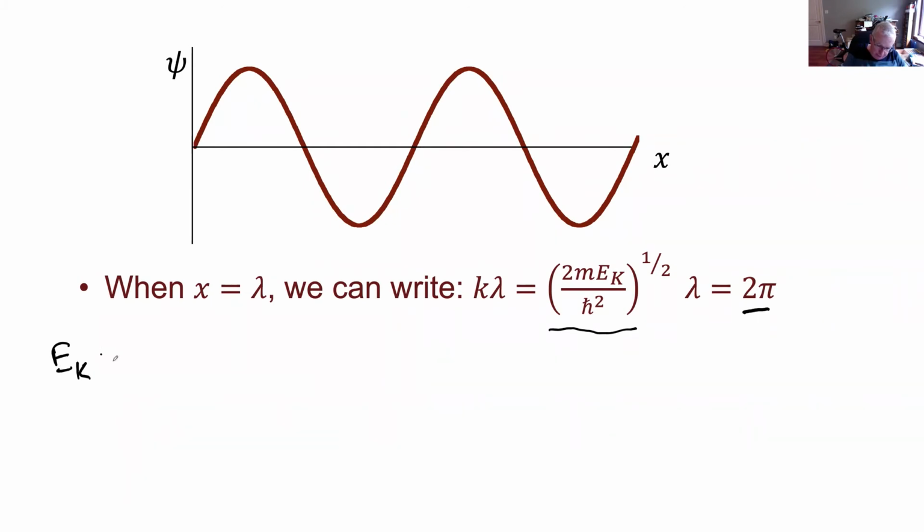If I do that, I've got the kinetic energy in there. I'm going to take it and solve it for kinetic energy to the 1/2, because that's what I've actually got in there. And that will do just fine, right? The kinetic energy to the 1/2 is equal to 2 pi h bar. So keeping kinetic energy to the 1/2 from here, I'm multiplying the h bar squared from there up to here, right?